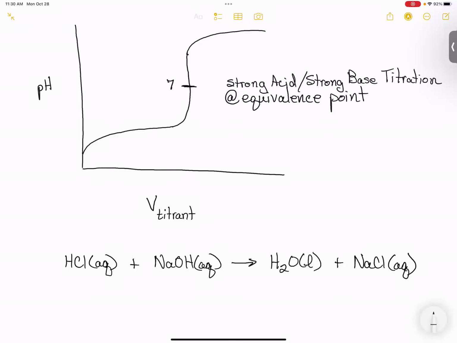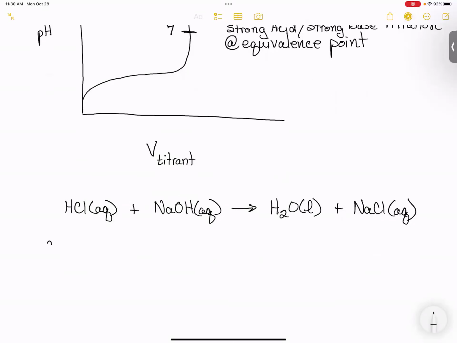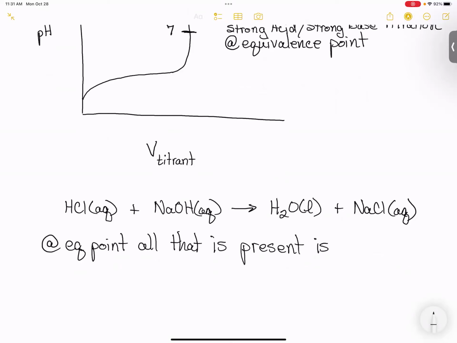It's the point where you have stoichiometric amounts of acid and base. So at the equivalence point, all that is present is water and sodium chloride.